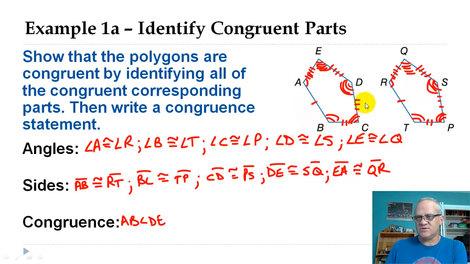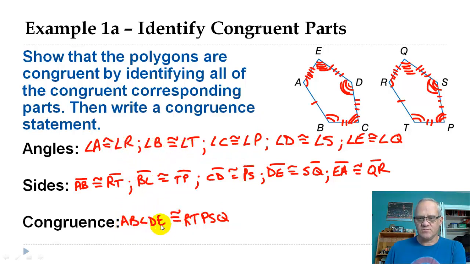And then that is congruent to what? I have to go in the same order and start with the same letter. So if A matched up with R, I have to start with R and go around that same way. So R, T, P, S, Q is what I would say there. And so what that means is A matches up with R, which is what we said here.